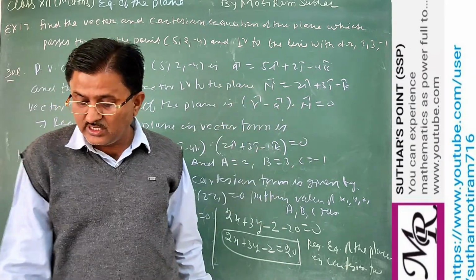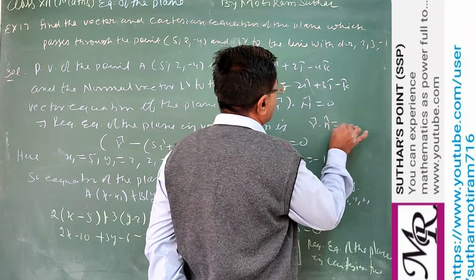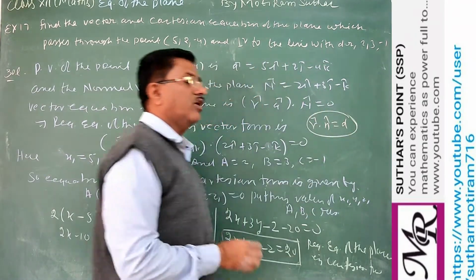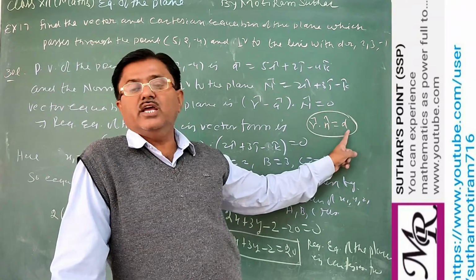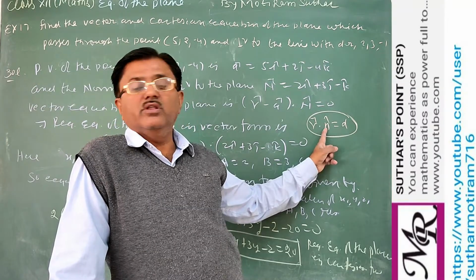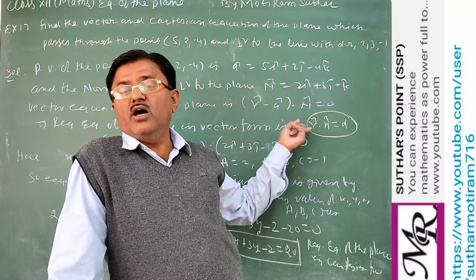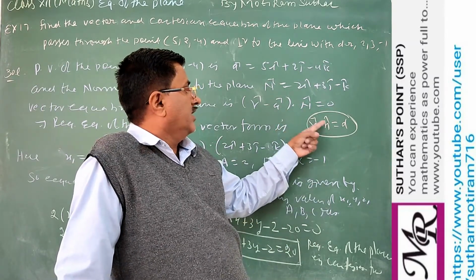And the first formula we are using is r vector dot n cap equal to d. When we use this formula, we are given the perpendicular distance of the plane from the origin, and the normal from the origin to the plane. There is a big difference between this n and that n.